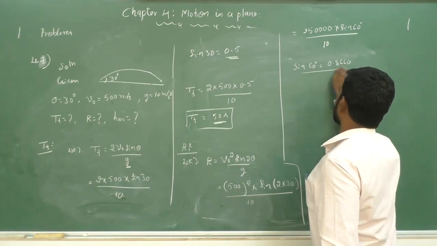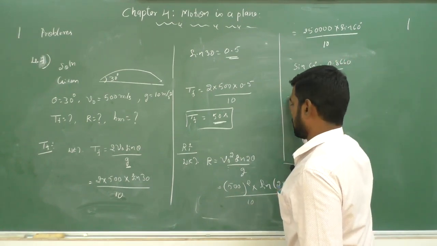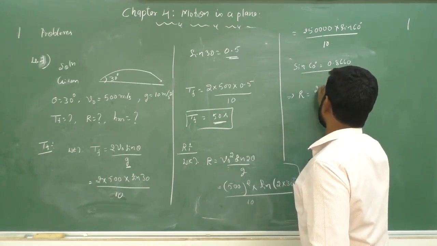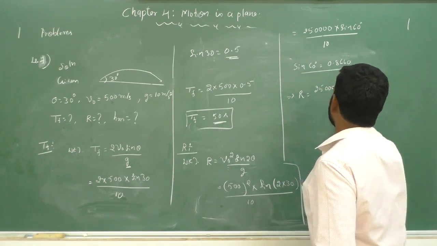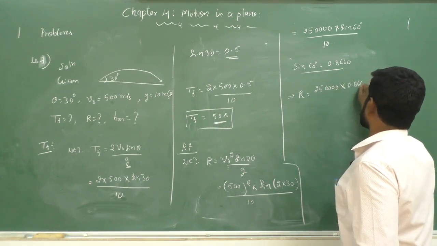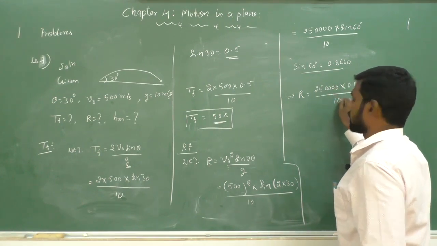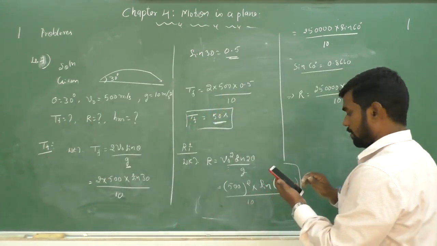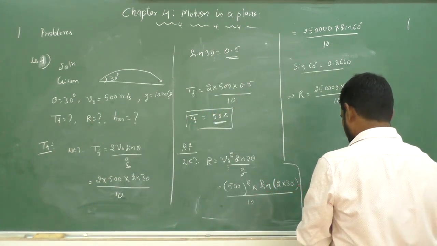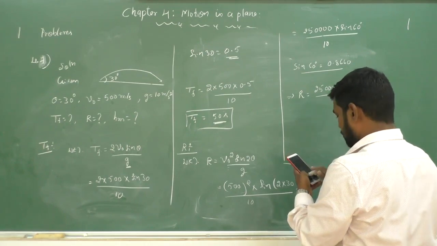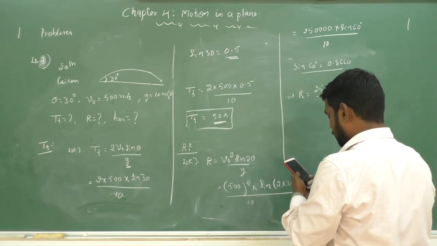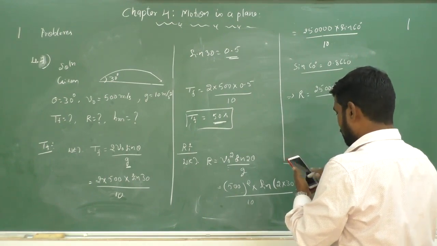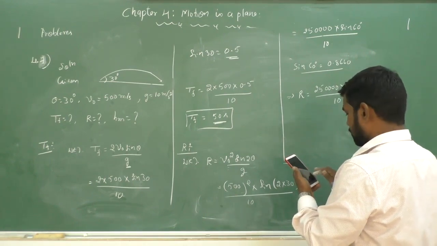So substitute in this equation, which implies R is equal to 25,000 into 0.866 divided by 10 only. Take the calculator and calculate.